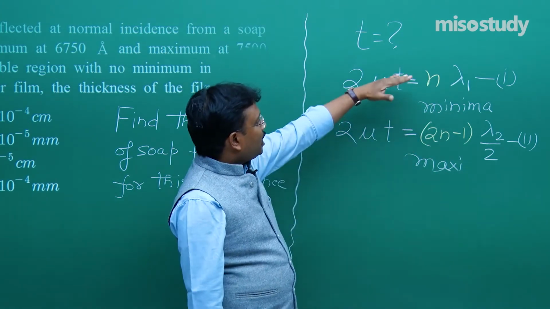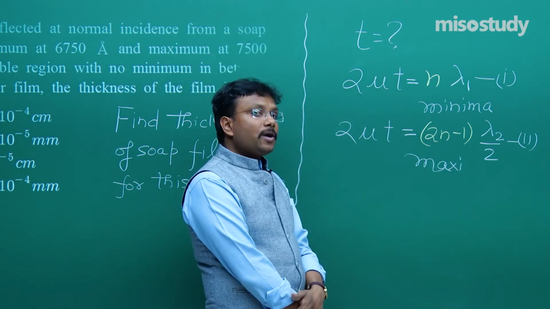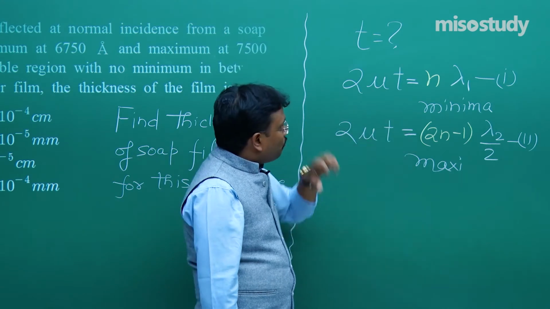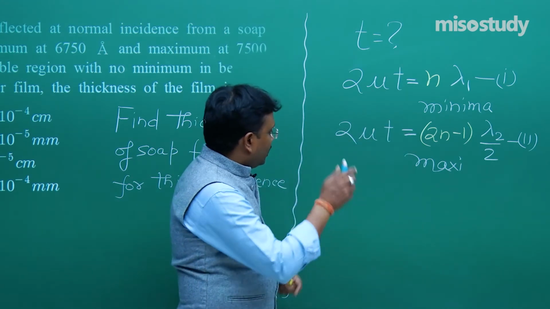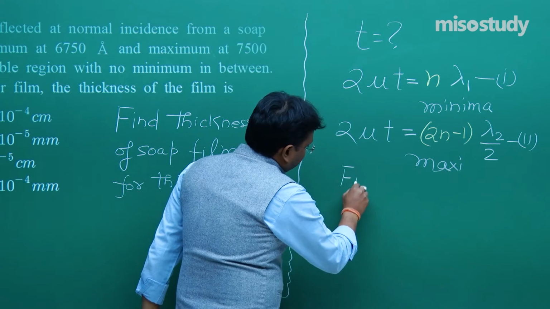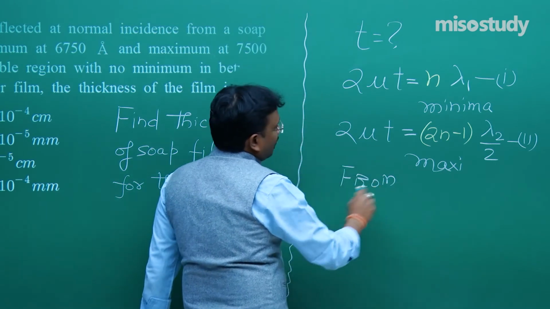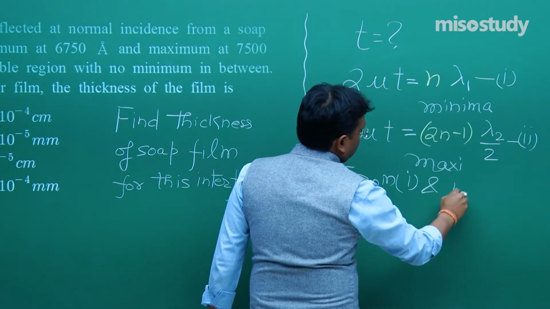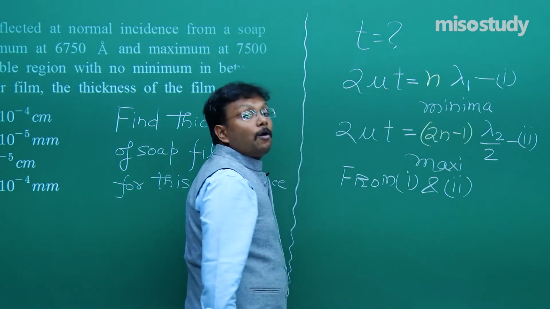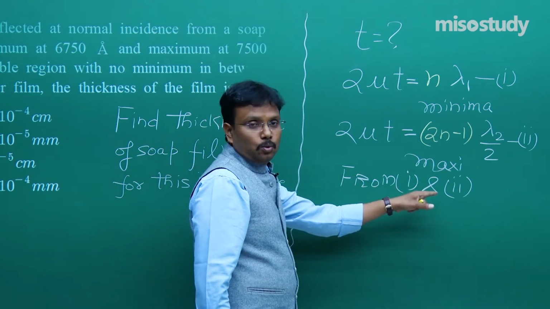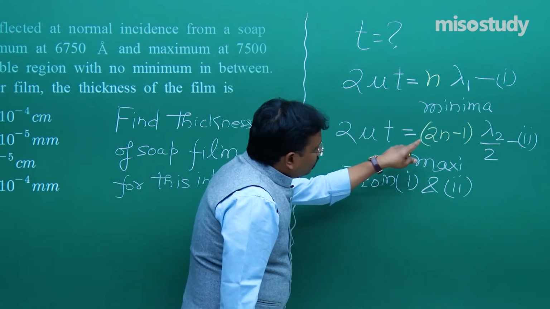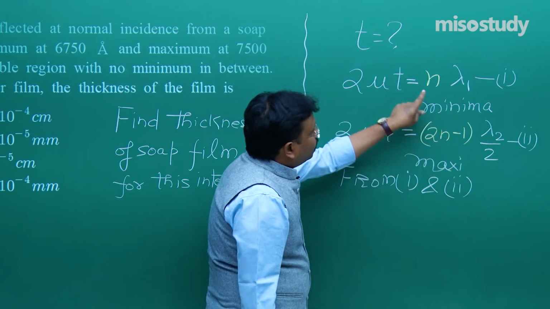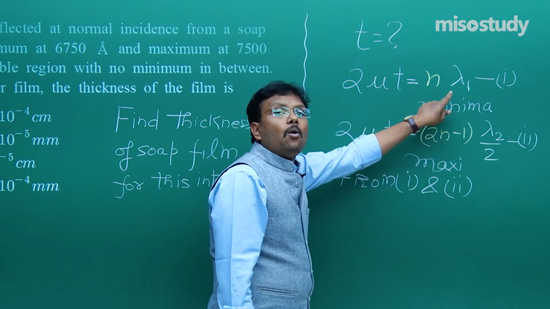Now, in equation number 1 and 2, what can you say about the left hand part? Equal. So, from equation 1 and 2, we can write down 2n minus 1 into lambda 2 by 2 is equal to n lambda 1.